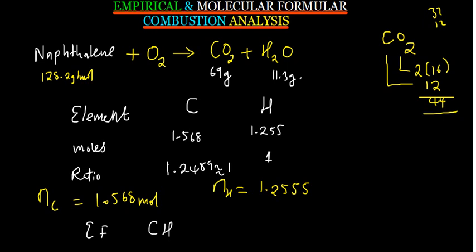Okay, is CH. And then to find the molecular formula, yes, we have a question. For carbon dioxide and the water, how come you gave the solutions for carbon dioxide to carbon, then the solutions for water you gave to hydrogen?